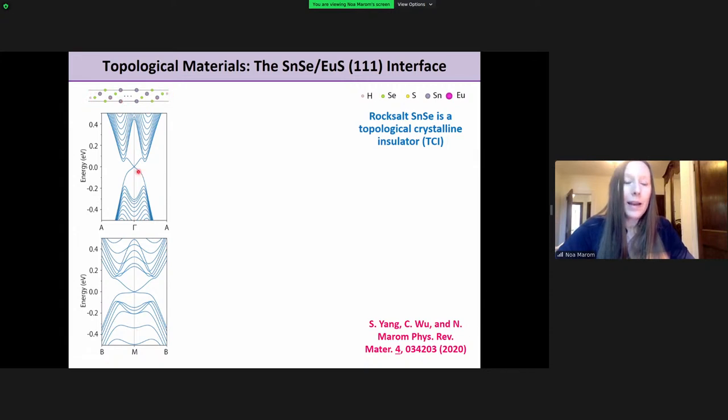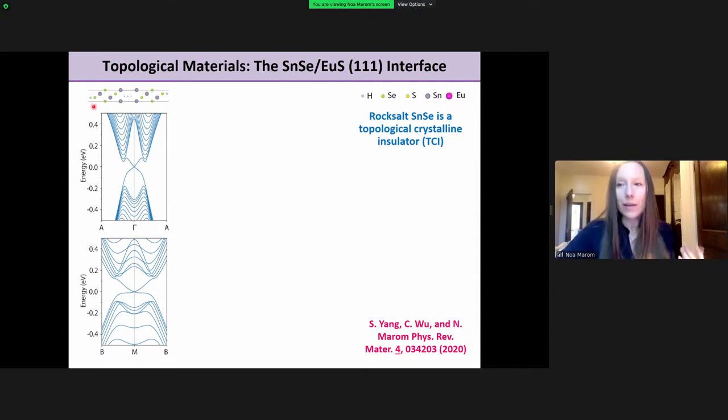And here you can see the band structures of this model. And you can see that on the surface, you get this conducting state with a Dirac point, and that's the topological surface state. And the reason you get it on the surface is that it breaks the symmetry of the bulk.